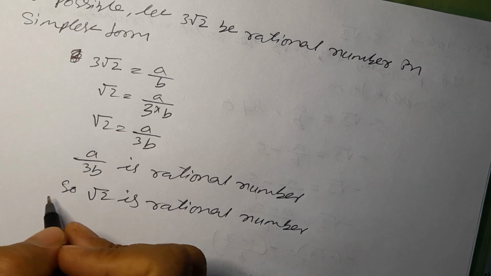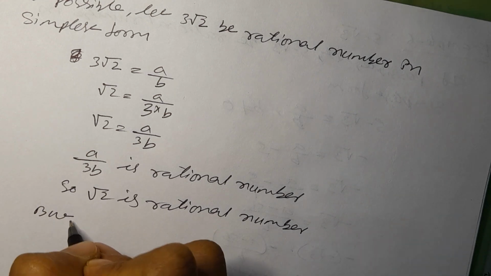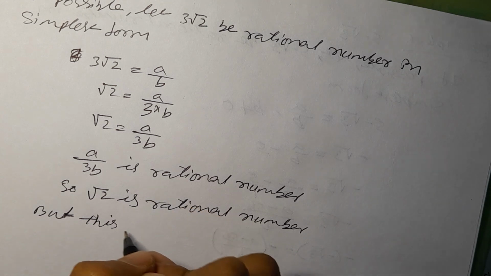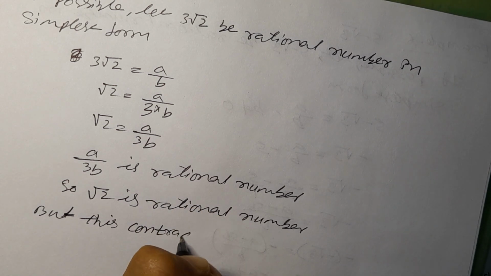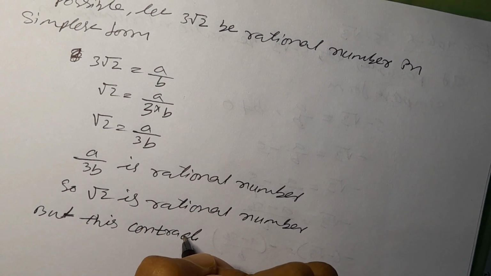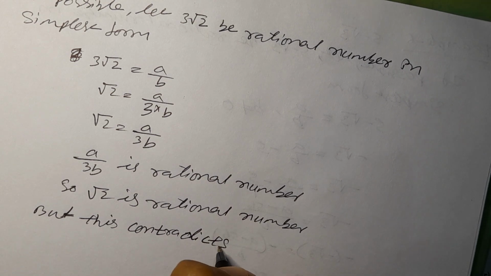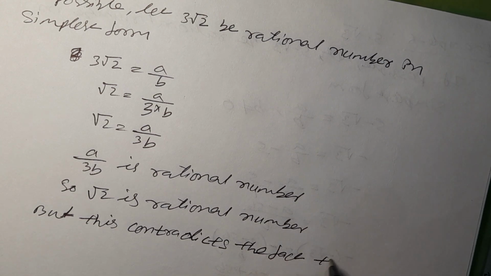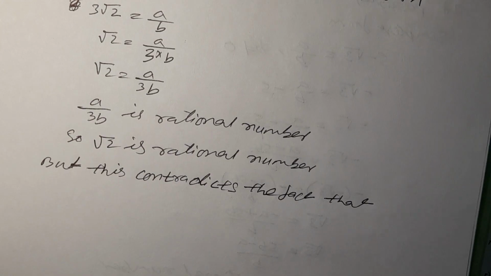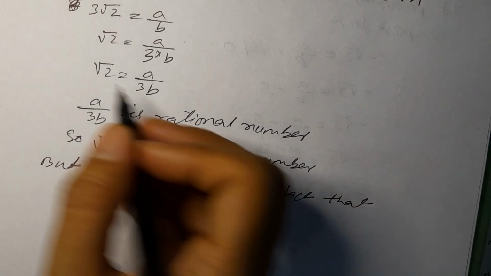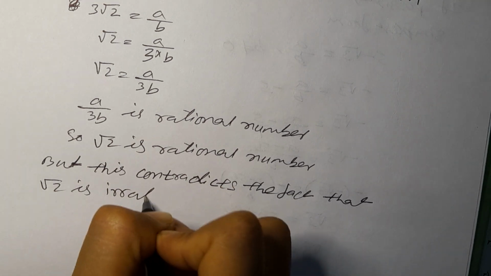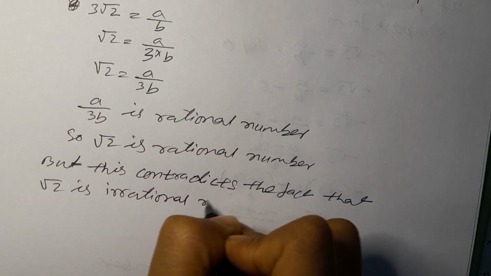So, but this contradicts the fact that root 2 is an irrational number.